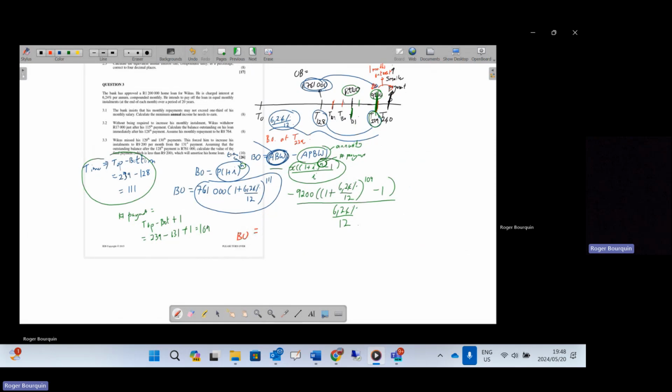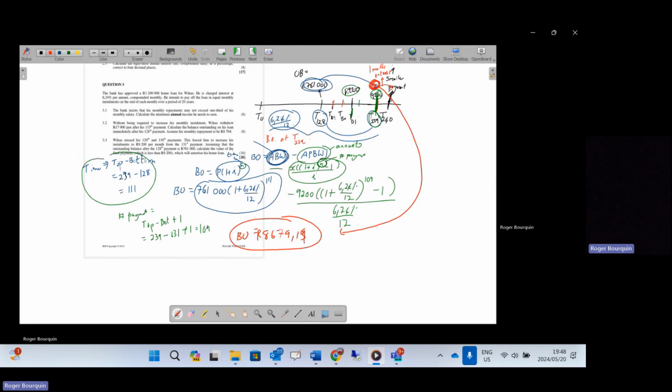If we put that into our calculator, we should get a balance outstanding of 8,679 Rand and 13 cents. So that is what you owe the bank at the end of T239.